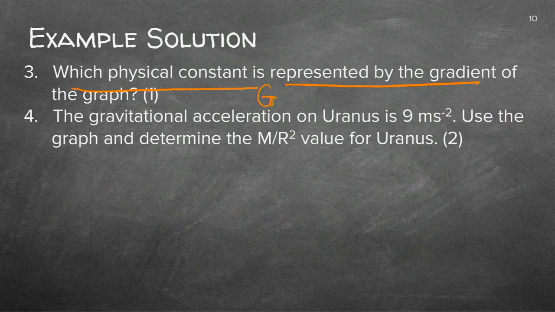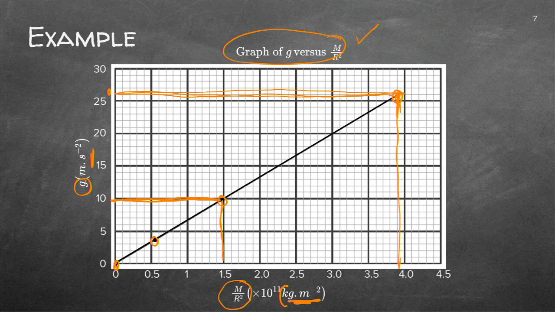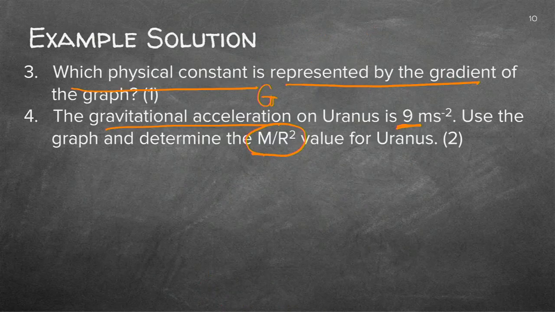Right, the fourth question. Calculate the m over r square if the gravitational acceleration of Uranus is 9. So you go back to your graph and you read, if it is 9, what will this value on the x-axis be? And you can go and have a look and calculate that.